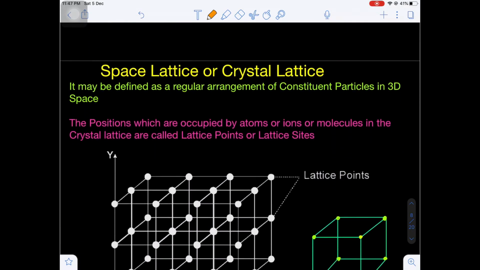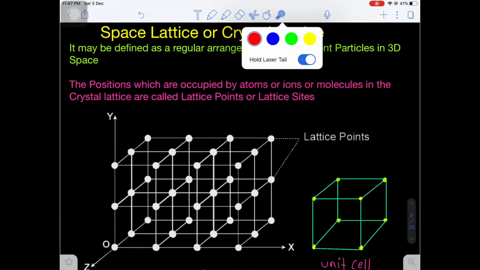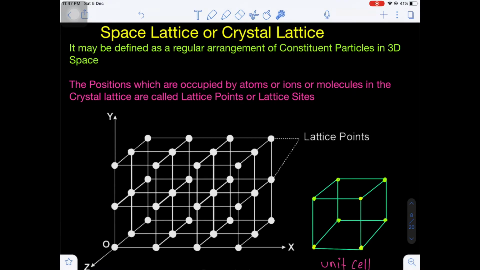Okay, now come to the next topic, space lattice or crystal lattice. It is the regular arrangement of constituent particles in 3-dimensional space. The regular arrangement of constituent particles in 3-dimensional space is known as a space lattice or a crystal lattice. Here what is the meaning of a constituent particle?